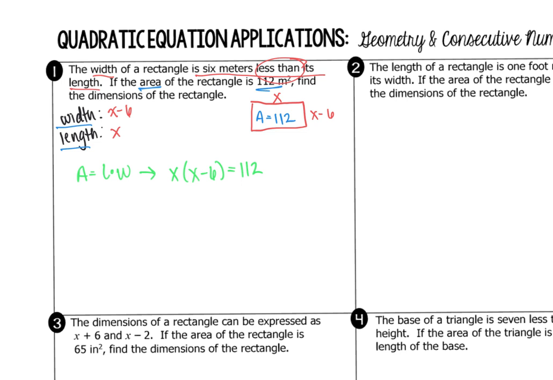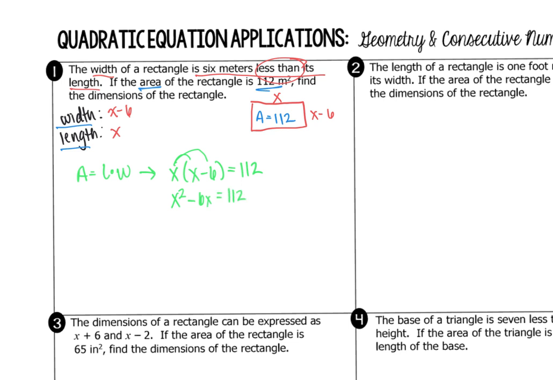Now here's the thing: when we're solving these application problems, we multiply it out and get it set equal to 0. That's a big thing. Always get it set equal to 0, and then we're going to refactor or apply the quadratic formula to find our solutions. So our first step, we multiply out the left side, and we get x squared minus 6x, and we're still equal to 112.